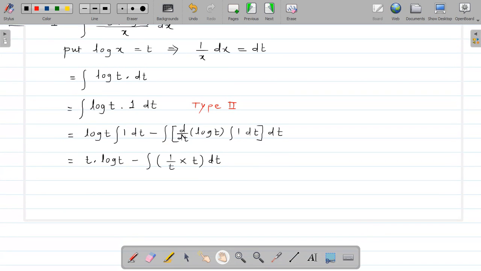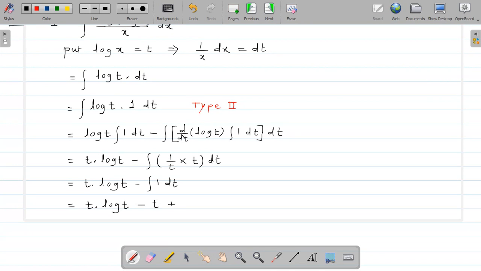Next step, what will you get here? t into log t as it is minus integration of 1 upon t into t, which is 1, with respect to t. We have to evaluate the integration of 1 with respect to t, and hence we get t into log t minus t.